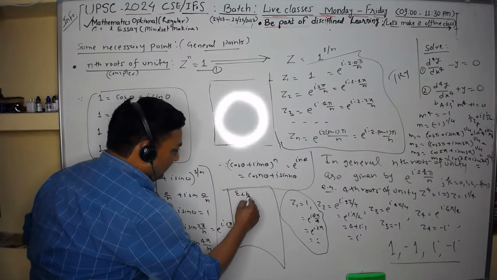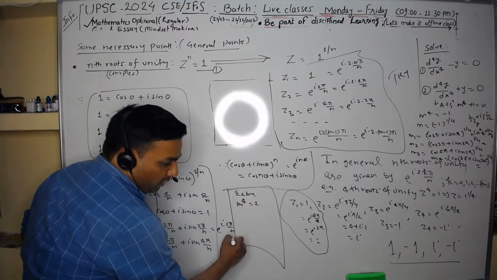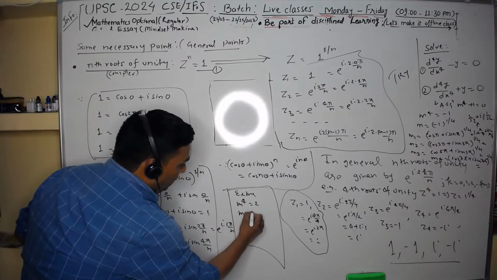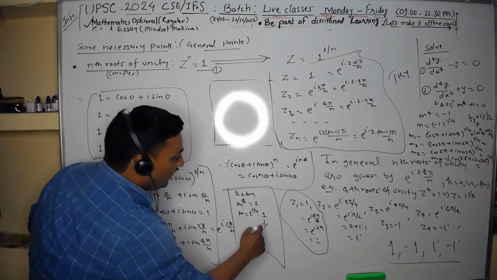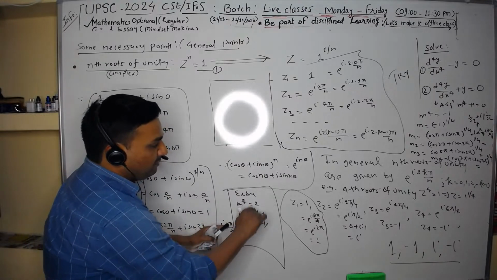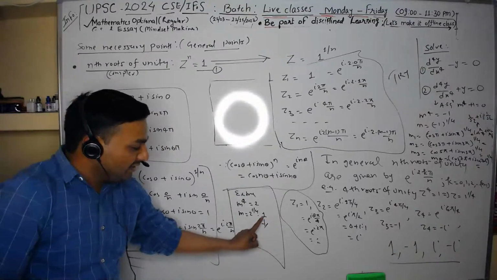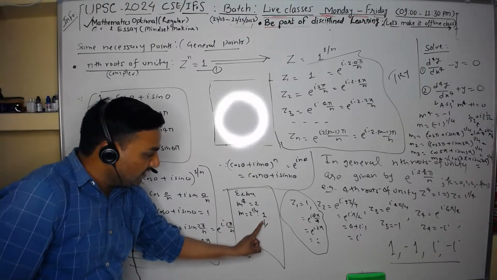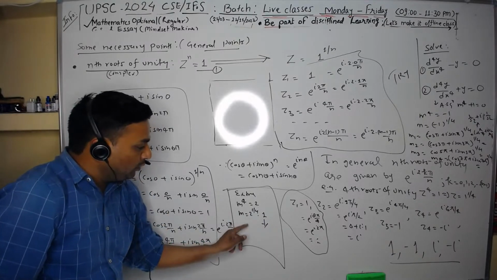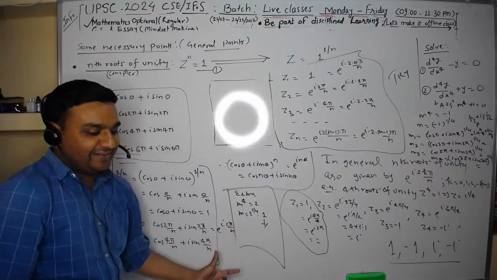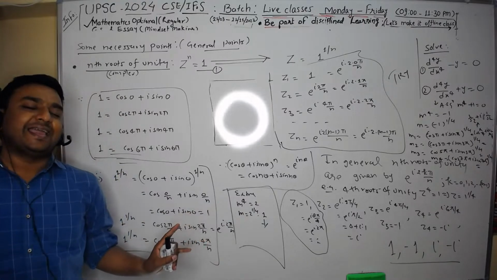You can write m power 4 equals 2 as 2 power 1/4 into 1. Work with this 1, and in the end multiply all the roots by 2 power 1/4. So m1 is 2 raised to 1/4 into the first root, m2 is 2 raised to 1/4 into the second root, and so on. Whenever they ask something like this, we should not be afraid.